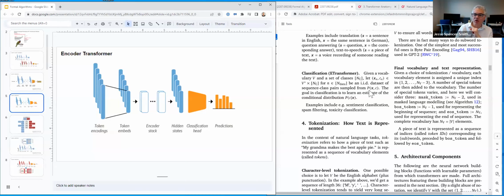And then you try to learn an estimate of the conditional distribution. Given X, what is its category? So this classification head becomes, given the embeddings of the X that I put in here, what is the associated category that goes with it?